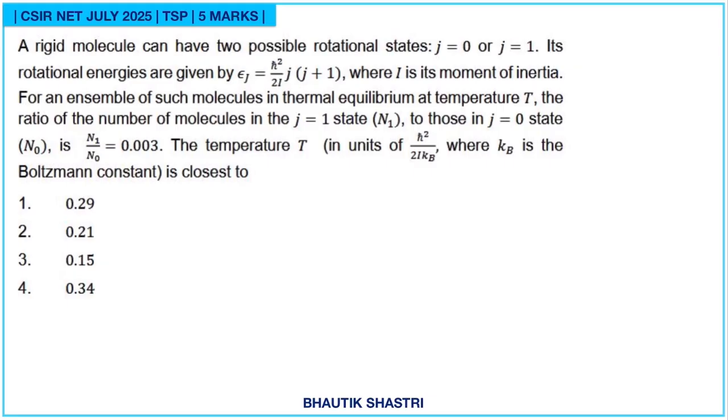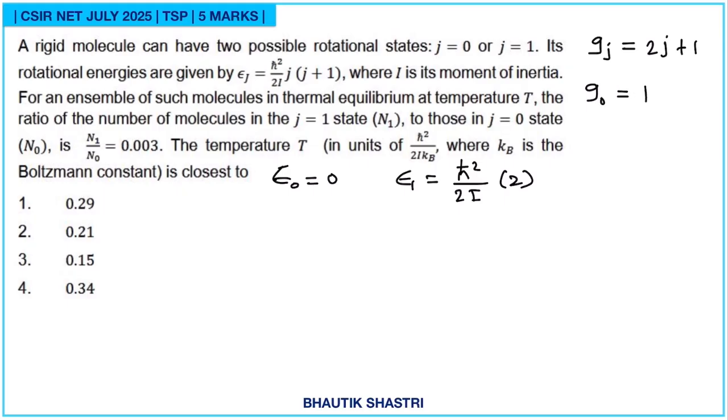Now what will be these energies? Here let's put J is equal to 0, then we have E0 is 0 and E1 will be 1 into 2, so h square by 2I into 2. And what will be the multiplicity of these energies? So Gj is equal to 2j plus 1.